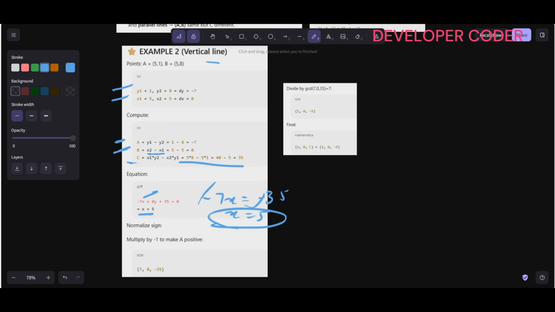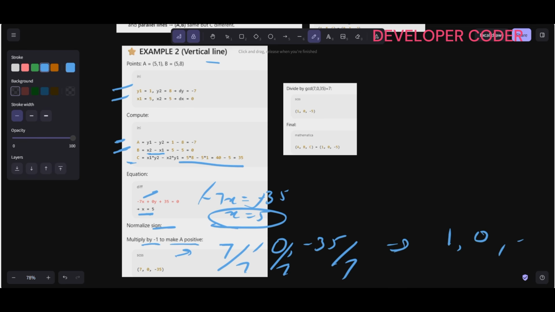So we have to normalize the sign as well, multiplying by minus 1 to make a positive. So that is nothing but 7, 0, minus 35, and the GCD is 7, so all the numbers are completely divisible by 7. So you're going to get 1, 0, minus 5. So that's it. Okay, done.